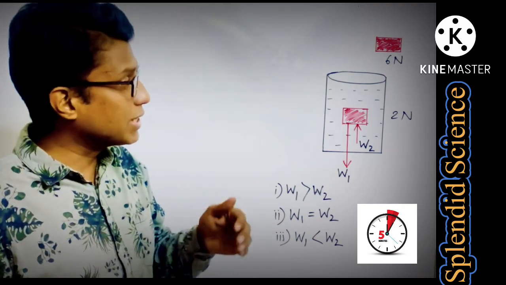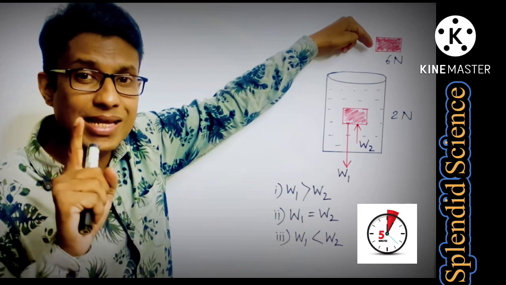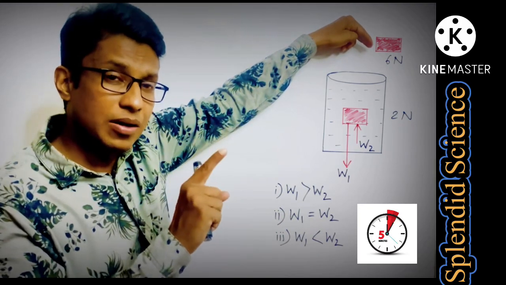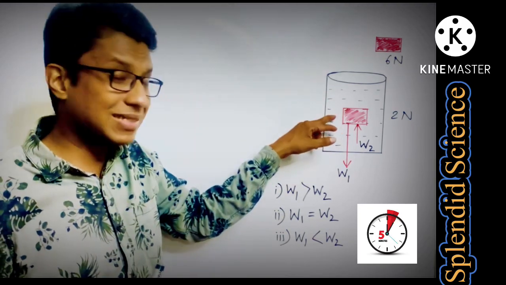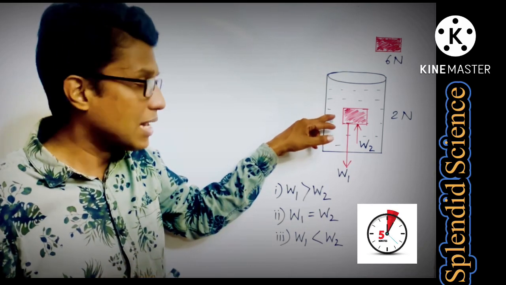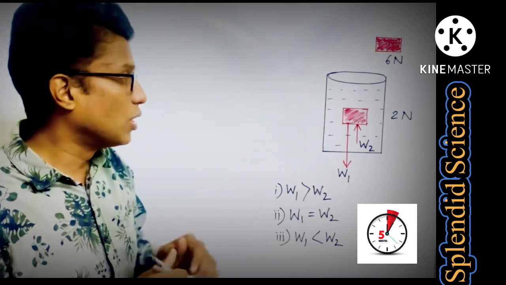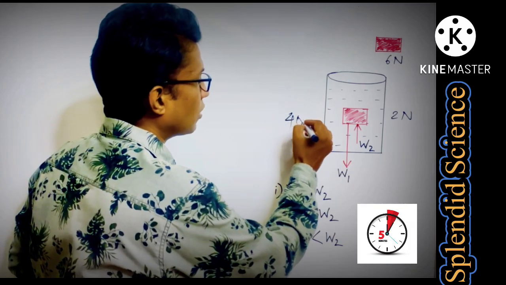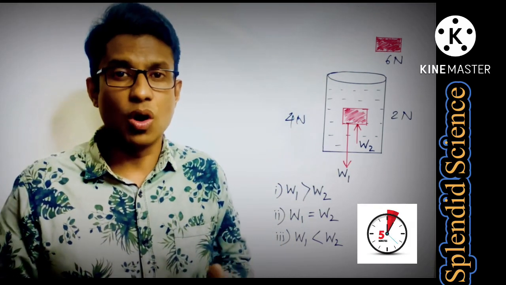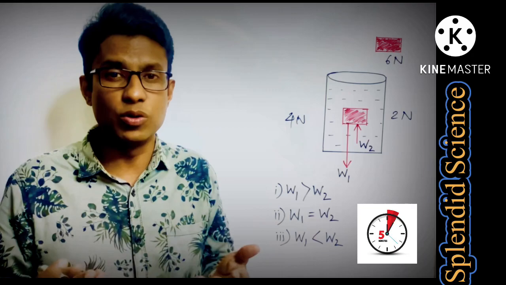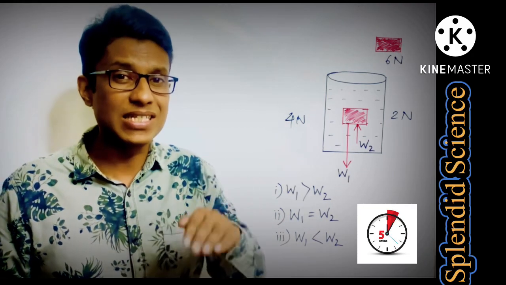So students, you can see its weight was 6 Newton in the air, but when I submerge this or immerse this into the water, its weight will be 4 Newton or 3 Newton or 2 Newton or 1 Newton. That means less than 6 Newton.